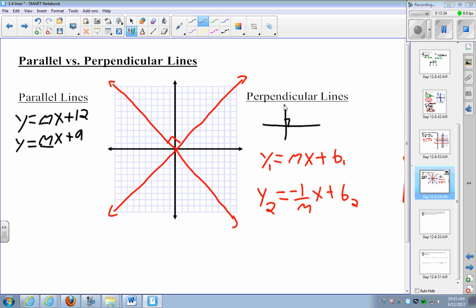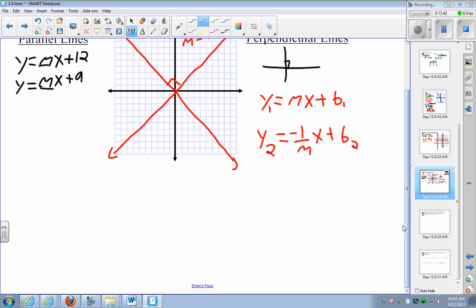Okay, so let's look at our example when our slope here, m, is equal to 1. So for our first line, we have y is equal to x. And so our y-intercept is just going to be the origin, so b is 0, so we just have y is equal to x.